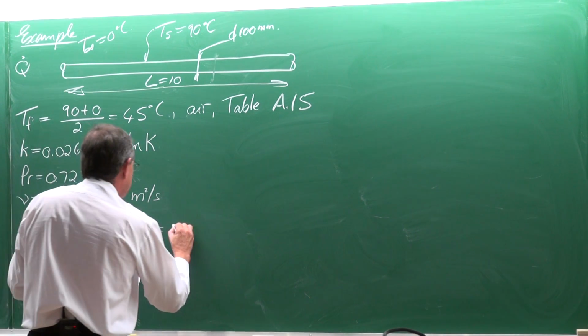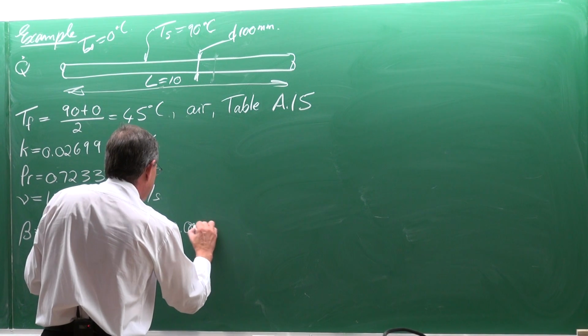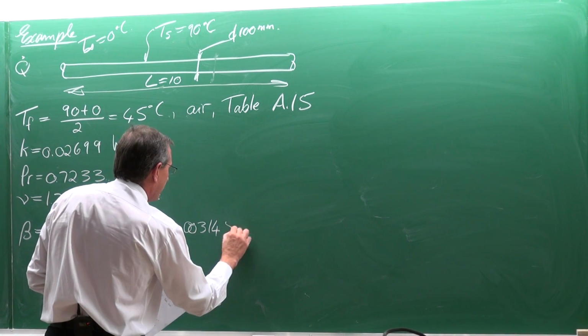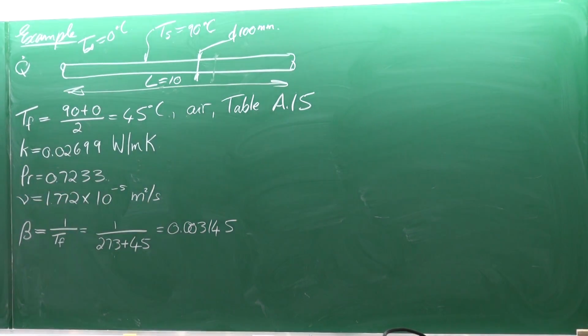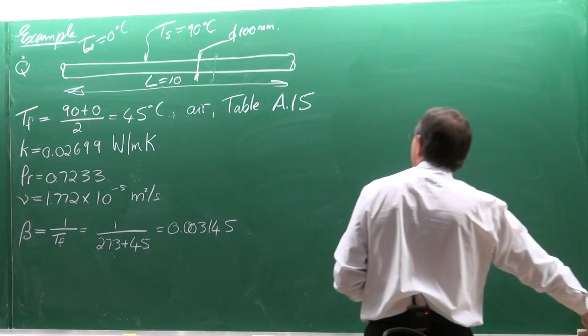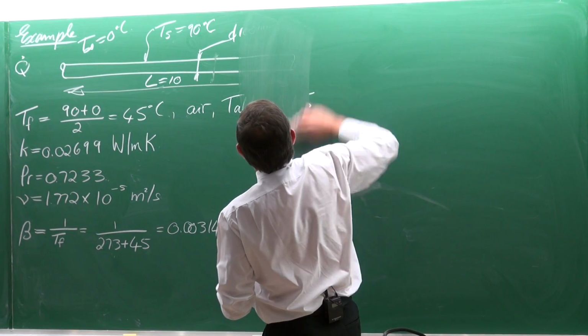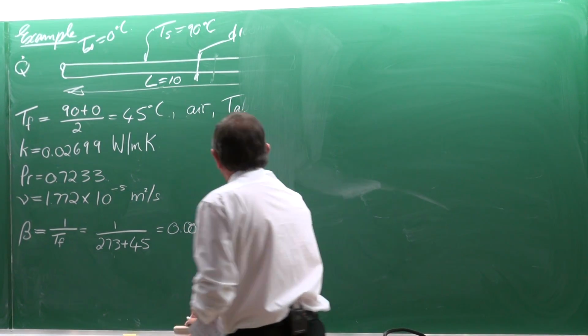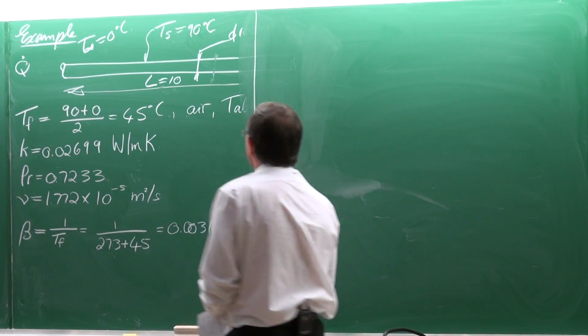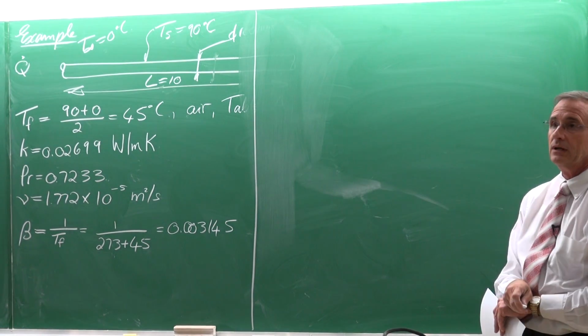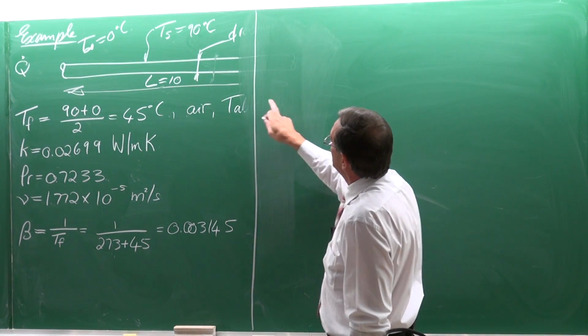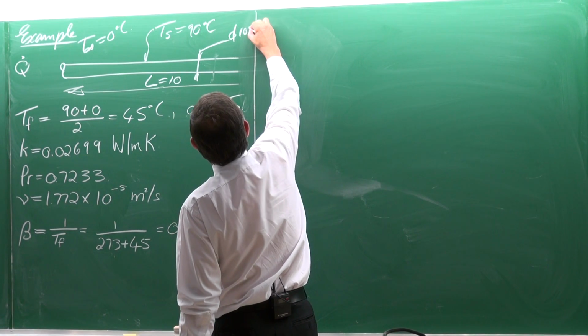And if we calculate it, then it is equal to 0.003145. Okay, so table A15, and that's 100 millimeters.